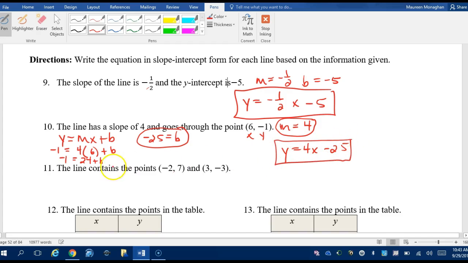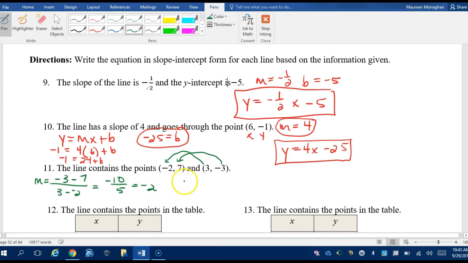Boom. Okay? Same thing with this one, except we don't even have the slope. Remember, to find the slope, you subtract the y's and subtract the x's. So our slope has to be (-3 - 7) over (3 - (-2)). That's -10 over 5.